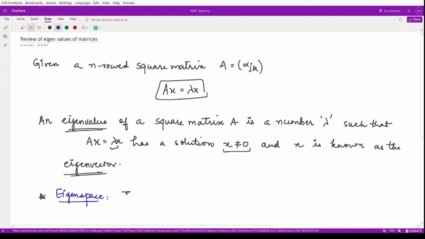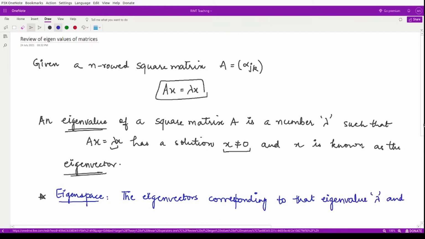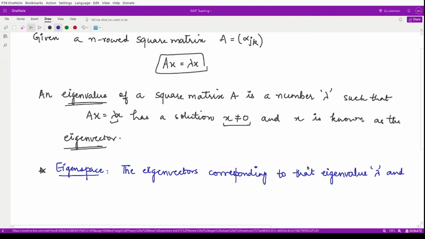We may define this as the eigenvectors corresponding to that eigenvalue lambda and the zero vector, because all the eigenvectors are going to be non-zero. So we are adding a zero vector to it, and together they form a vector subspace.